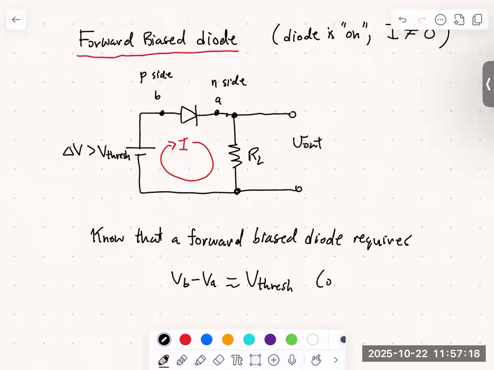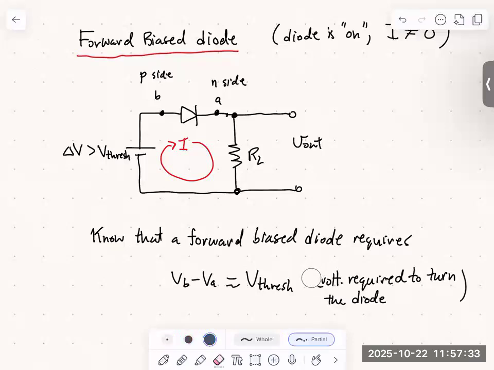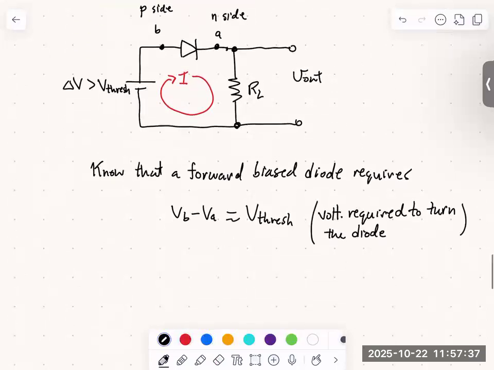This is the voltage required to turn on the diode, or to make it conduct. Okay, so in this case, the forward bias diode acts like a small battery.